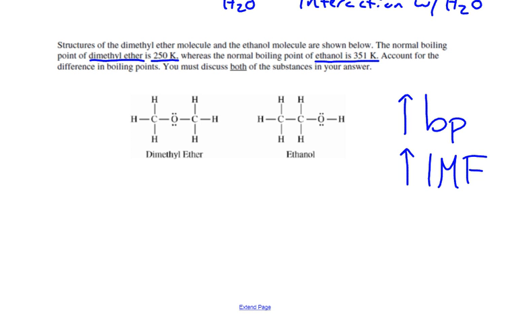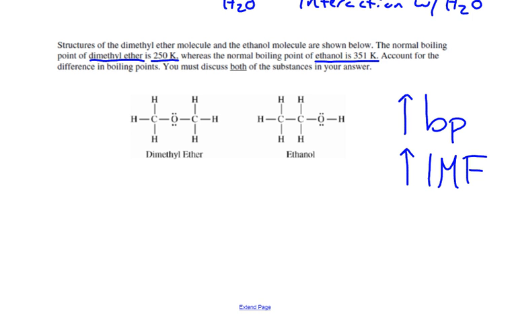This is the lower one, so it should have lower IMFs, 250. This has 351, so it should have higher IMFs. So what kind of IMFs does dimethyl ether have? The problem is there's this one. They're all canceled out.